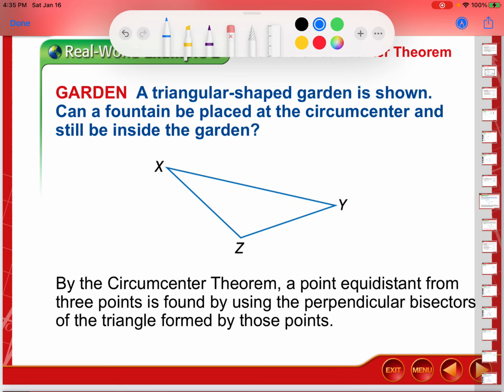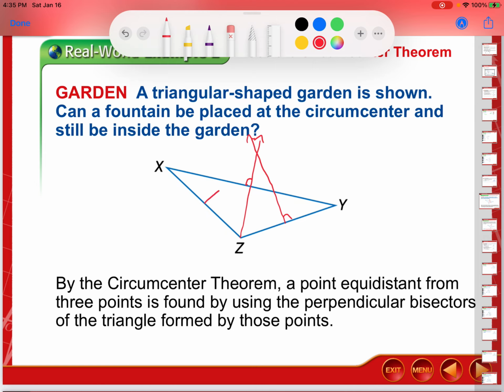Right away we have no measurements or anything, so we're just going to eyeball this. I'm going to say that is one of my perpendicular bisectors, because that looks pretty even. And then this one would be about a perpendicular bisector.